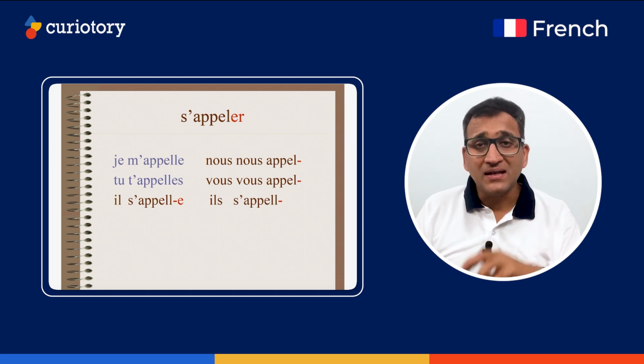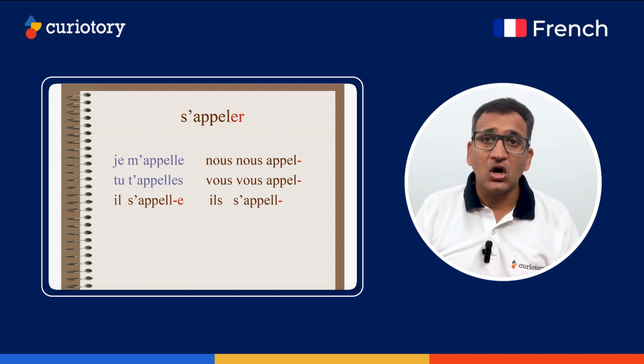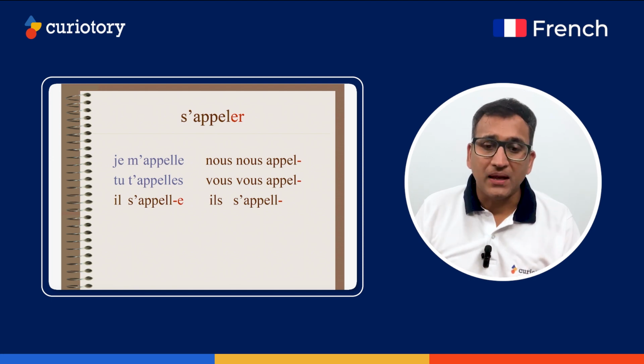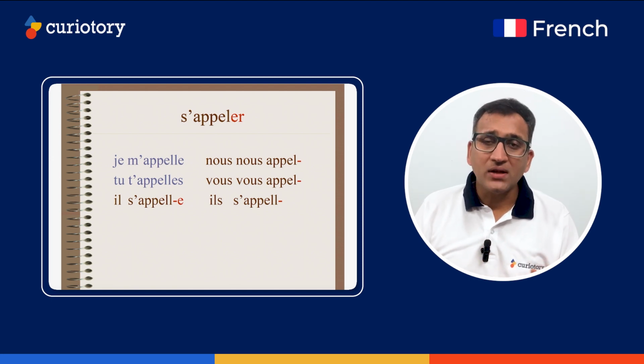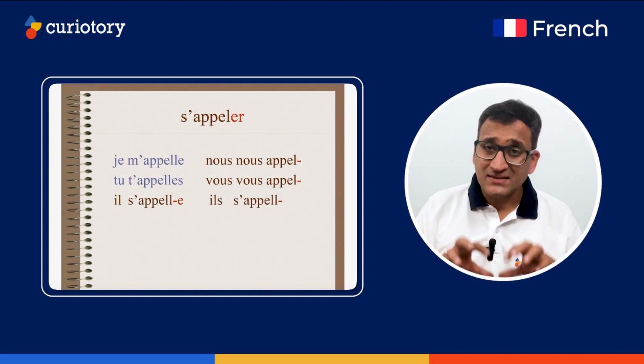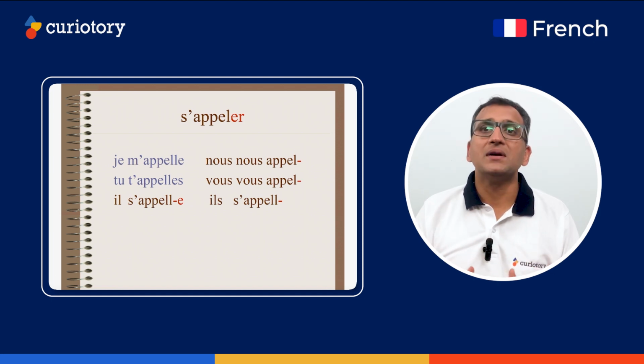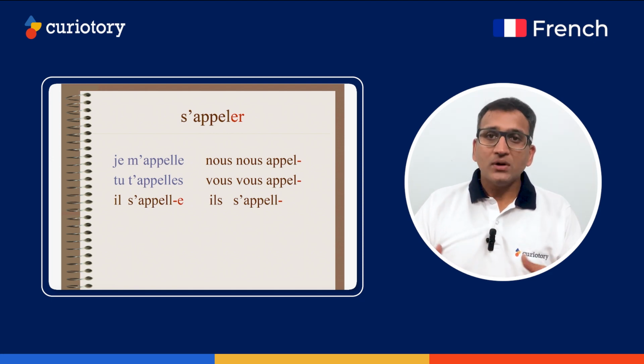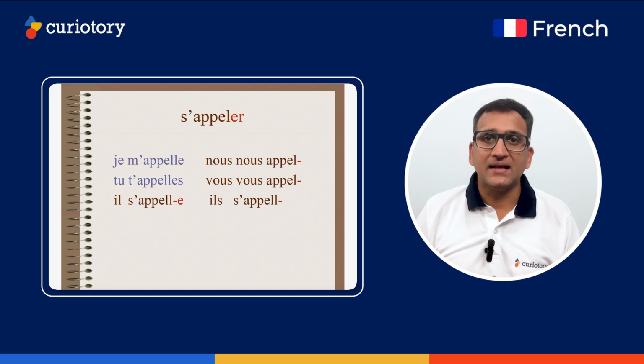Similarly with tu t'appelles, it has to be te, but the e is gone. Il s'appelle, the e is gone, s apostrophe. But if you are still confused on this, don't worry, just remember it like this. Gradually, as you move ahead, your concept will be clear on this part as well.